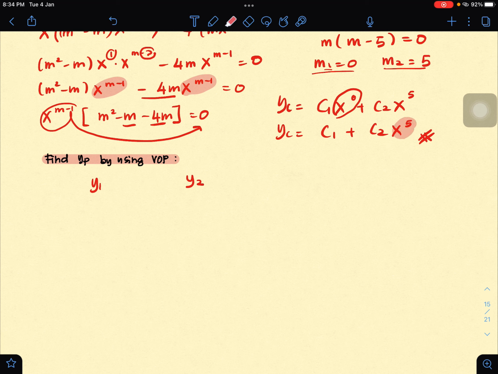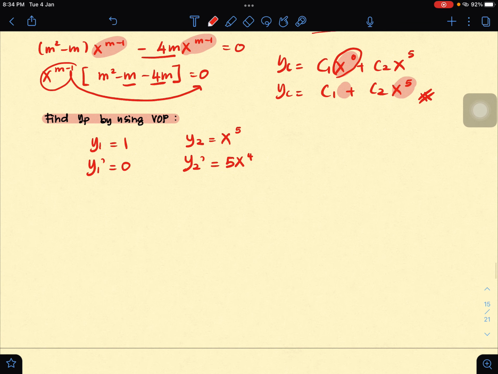The one here is your y1, which is 1, since x to the power of 0 is 1, and your y2 is x to the power of 5. From here, you will get your y1 prime equal to 0, and your y2 prime equal to 5x to the power of 4. This is the first step of the variation of parameter method.